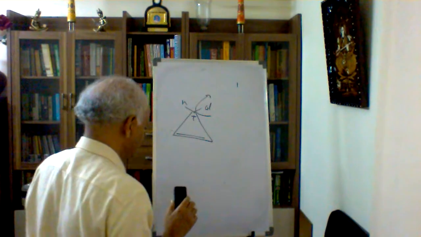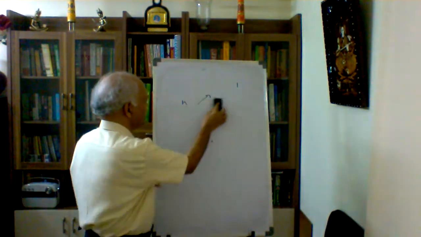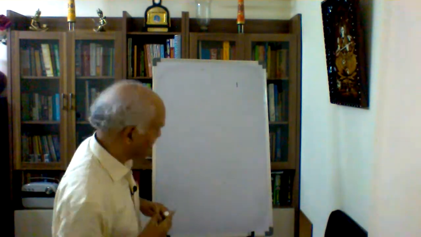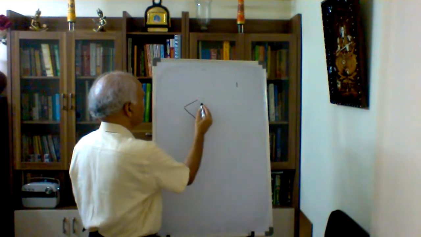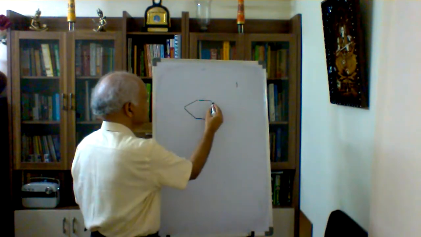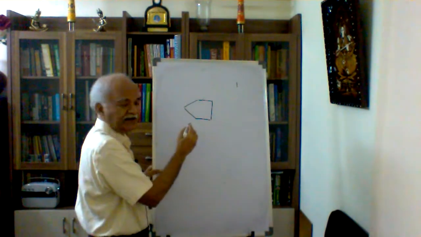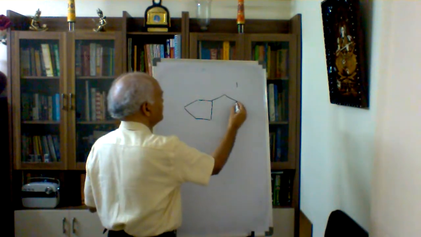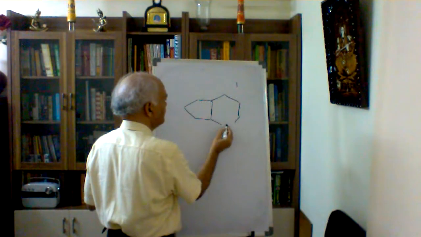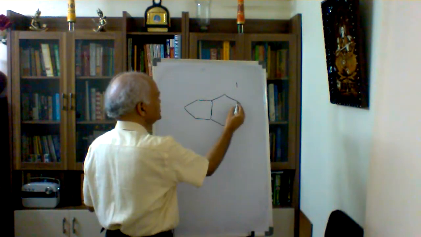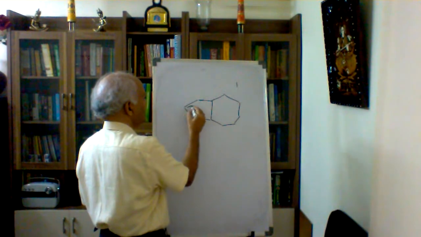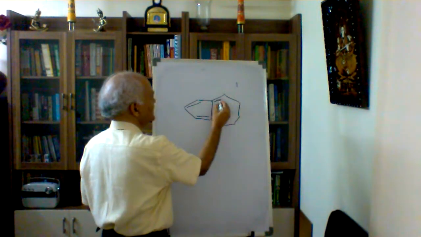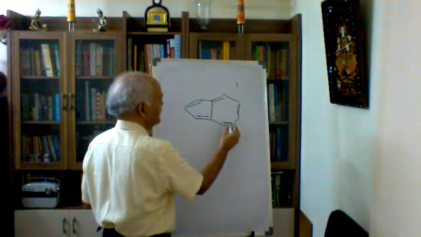Suppose I take a molecule which looks like this. So this is the pentadiene section. 1, 2, 3, 4, 5, 6, 7. So I am having a double bond here, double bond here, double bond, double bond, double bond.